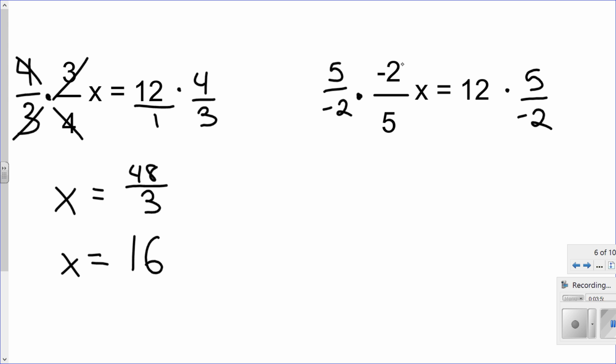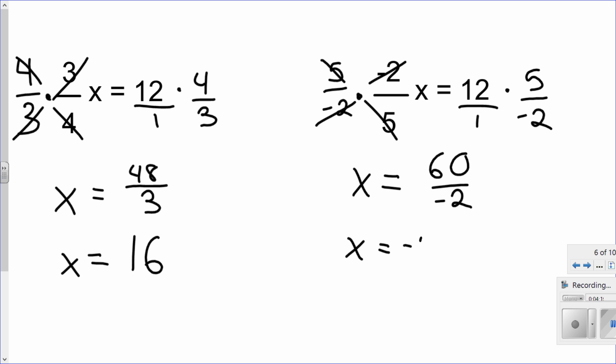Cancel out the numerator with the denominator. I get x equals, I'm going to put 12 over 1 over here so I can simplify this easier. 12 times 5 is 60. And then 1 times negative 2 is negative 2. 60 divided by negative 2 equals negative 30.